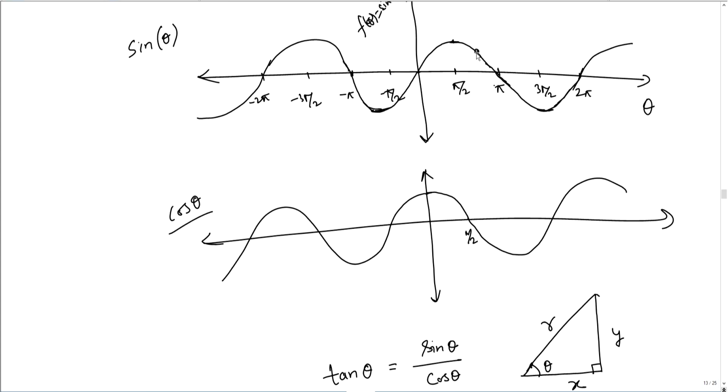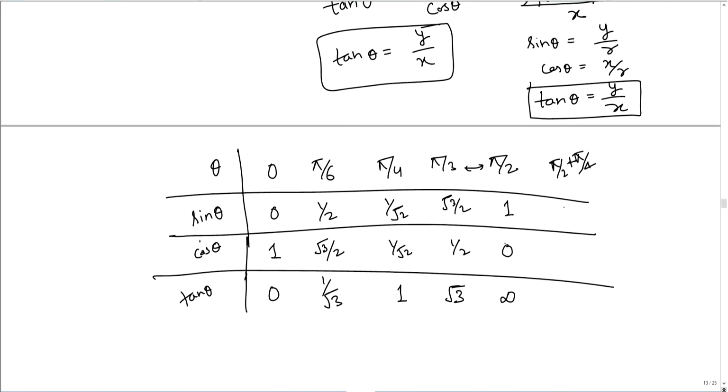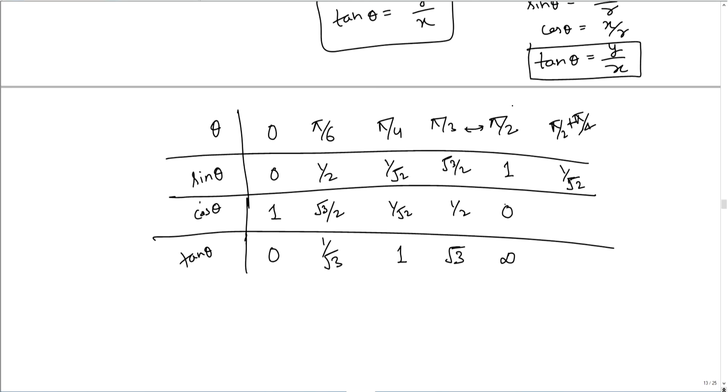Pi by 4 would be somewhere here, so this value is the same as at pi by 4. It is repeating its value, so sine theta would be 1 by root 2. For cos theta, it is now going in the negative direction, so it would be minus 1 by root 2. As a result, tan theta would be minus 1.